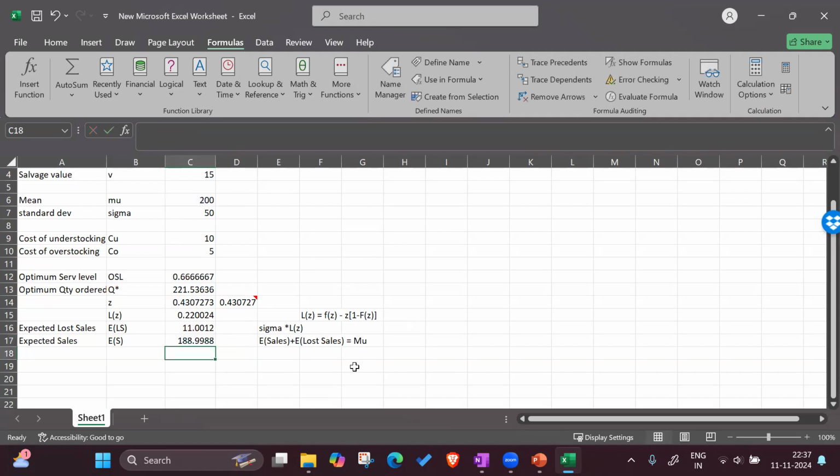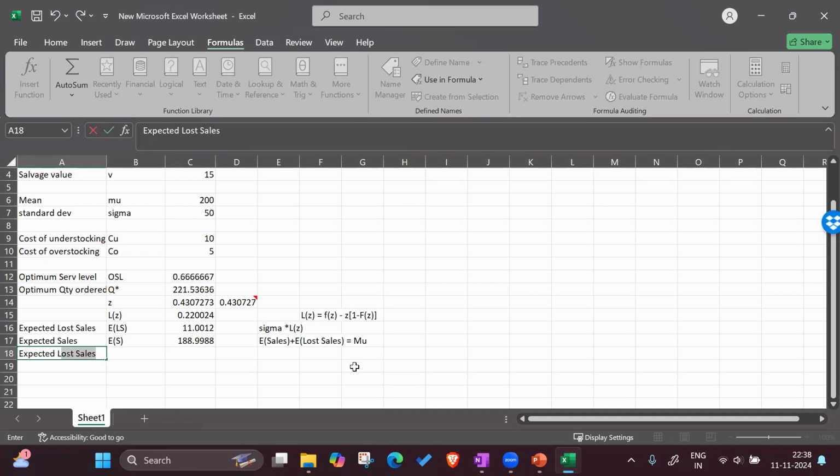This is expected sale. So roughly I'm going to sell about 189 units if I'm going to stock 221 units. Once I have expected sales, the expected lost or leftover inventory is here, because expected leftover inventory is nothing but Q star minus expected sales.